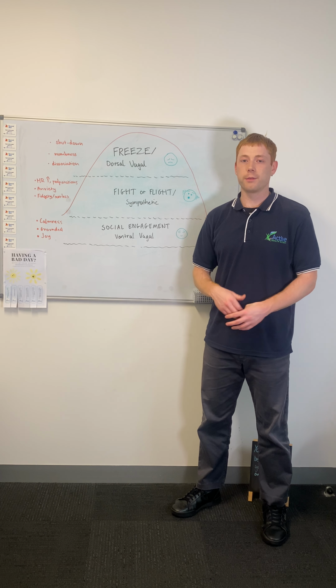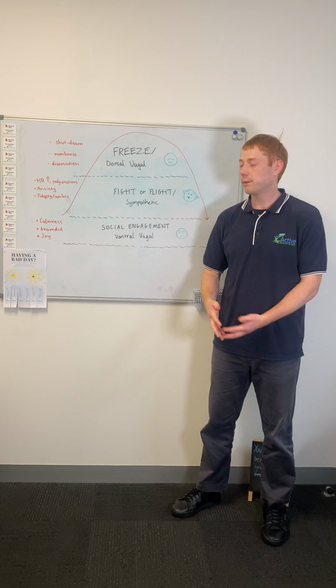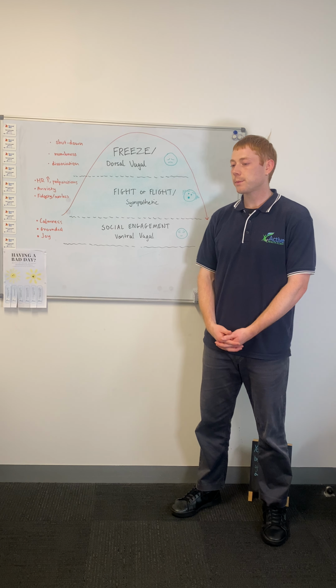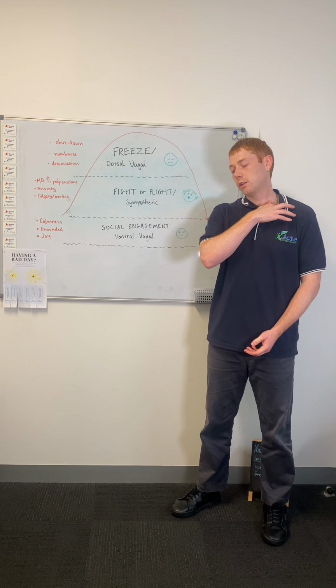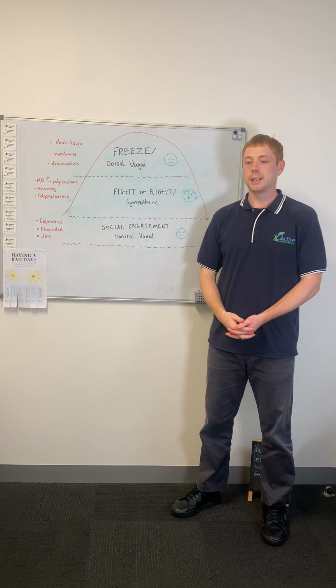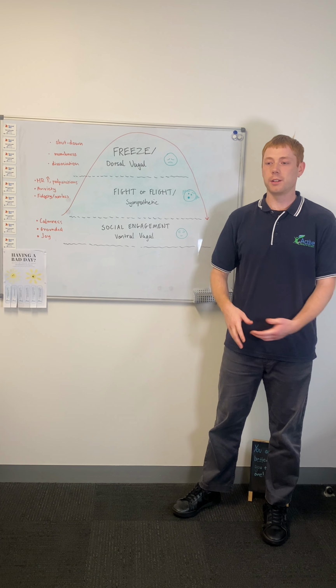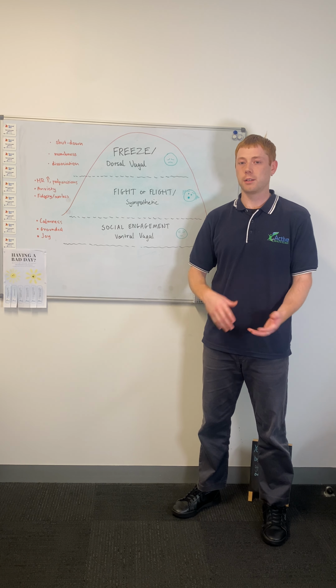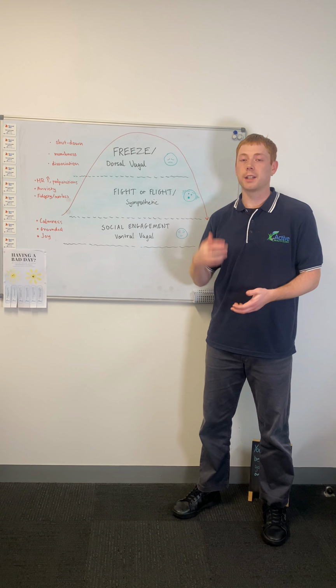This is going to be different for everyone. You're going to have things that work better for you, and other things that work better for others. But some specific activities might be slow, deep diaphragmatic breathing. Generally, fewer breath cycles per minute is associated with higher heart rate variability, and then a more regulated state.